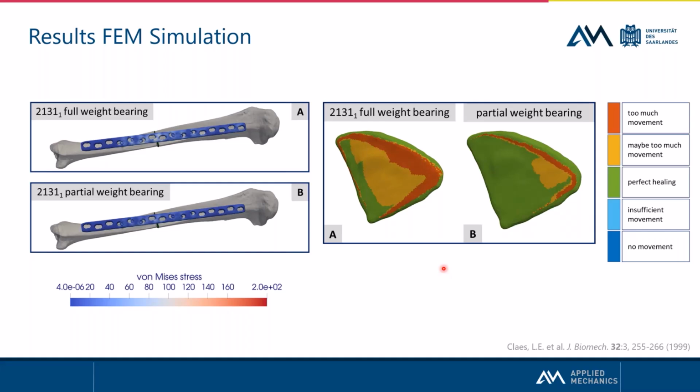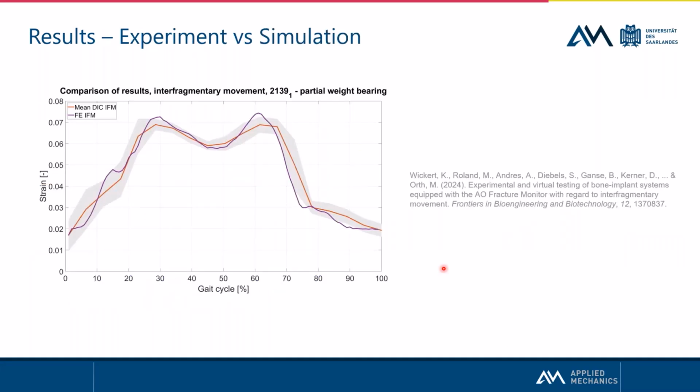Also again with this nice little color code, so we can see which areas are in a perfect healing window and which areas have too much movement, or are there some areas with no movement. So with this experimental work, we validate our simulation.